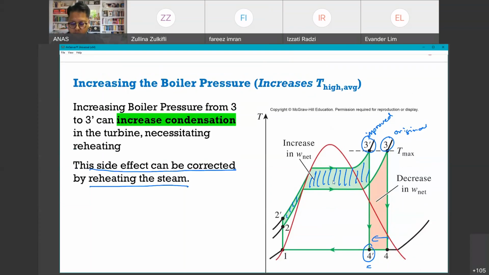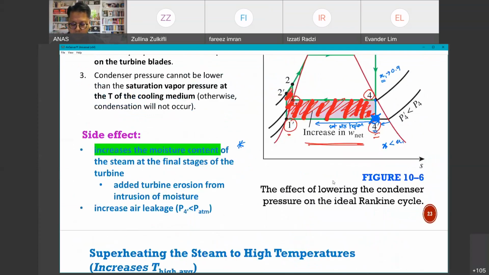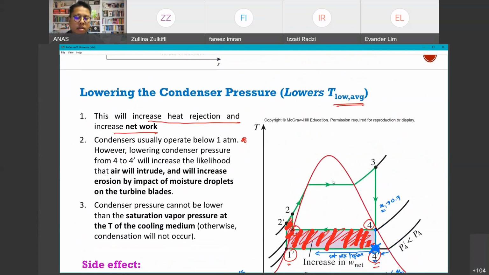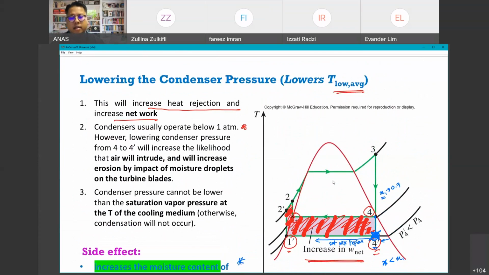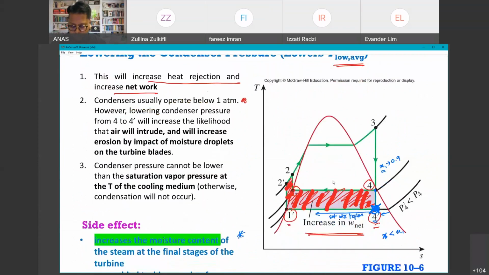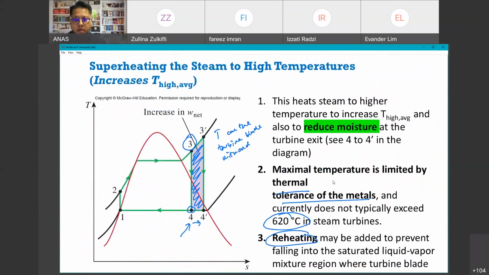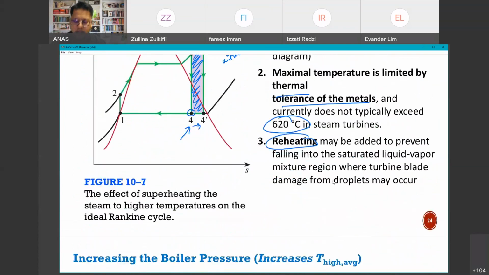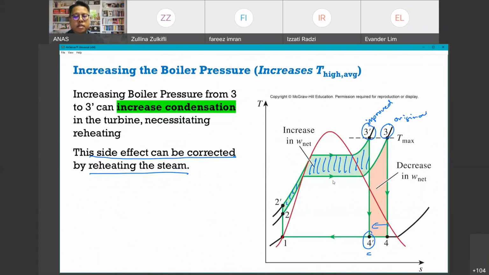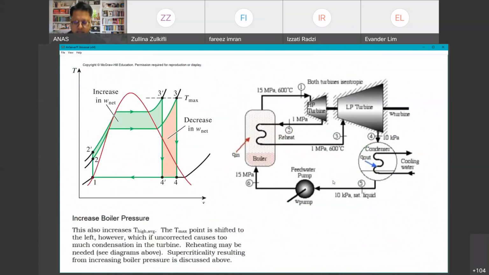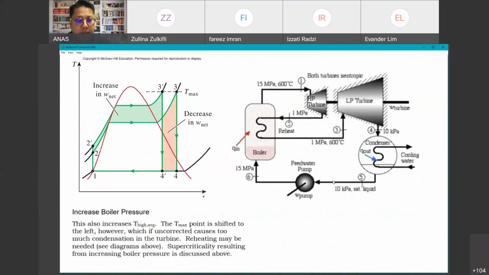So we looked at 3 main modifications that can be done. In general, it's all about increasing the area under the curve. First, lower the pressure of the condenser. Second, superheat the steam to a higher temperature. And third, increase the boiler pressure. All right, let's look at one example over here.